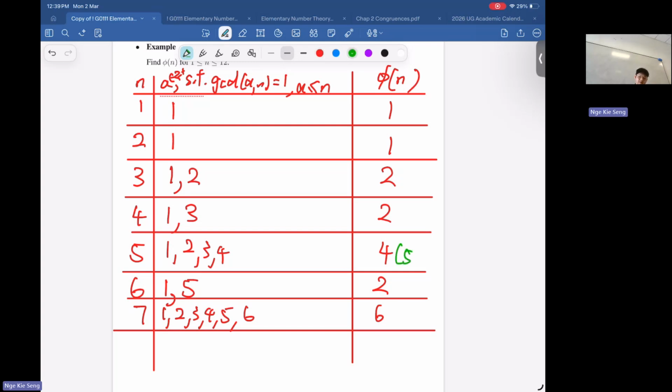P minus 1. This is the power that occurs in Fermat's little theorem. For the rest, you need to figure out how many of them. So later we'll prove a more general version of Fermat's little theorem based on this function.